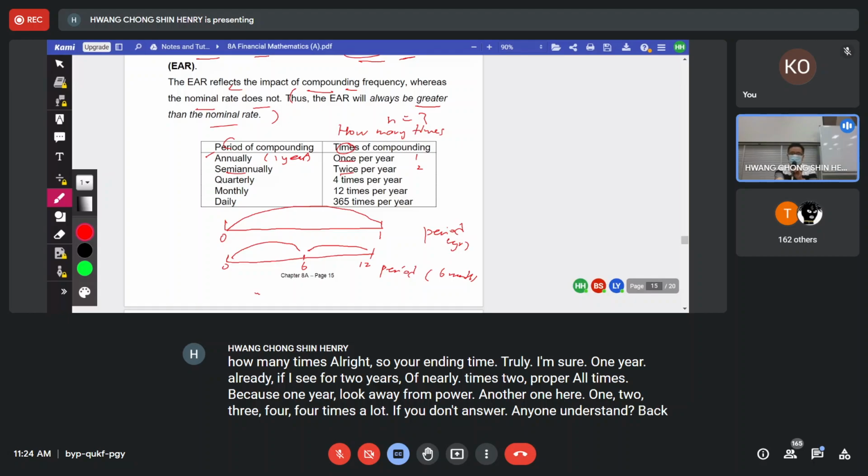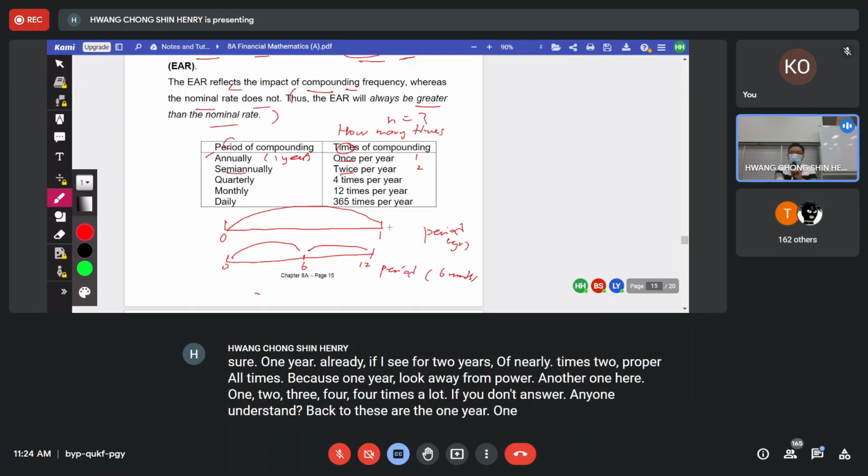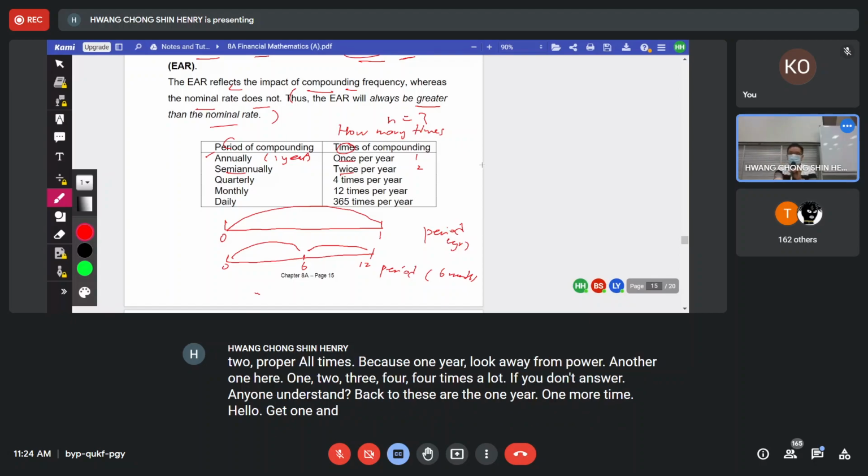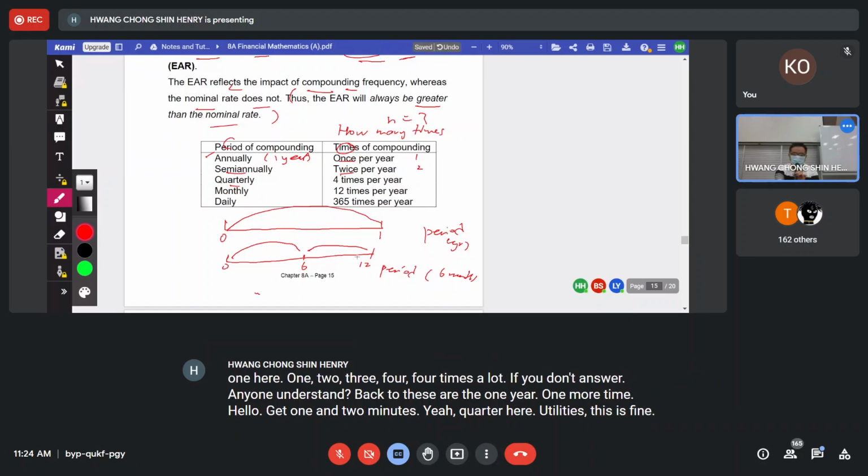Back to this one, the 1 year, compound 1 time. Kalau 2 tahun, dapat 2. Okay, 1 and 1, 2 times. Okay, quarterly. Quarterly is, this is what I write here, 6 months, semi-annual means 6 months. Can you draw the chart? Learn to draw.